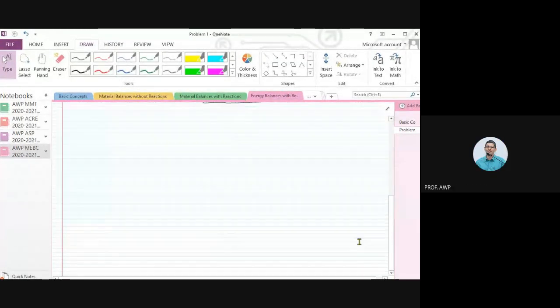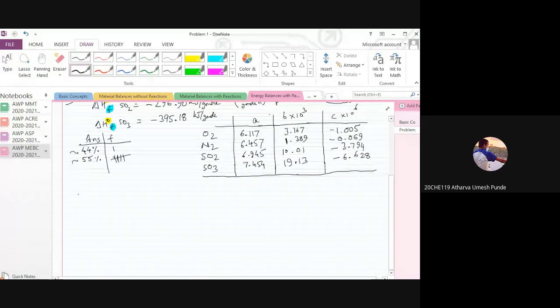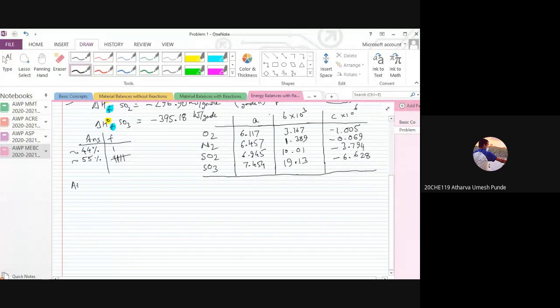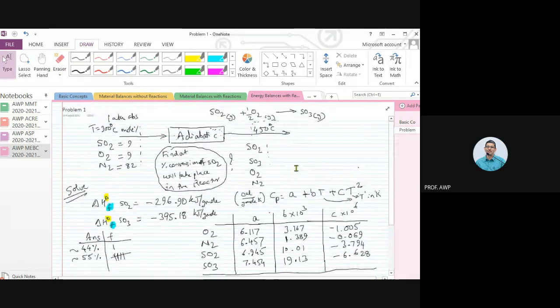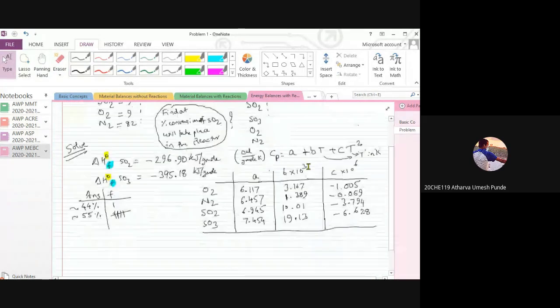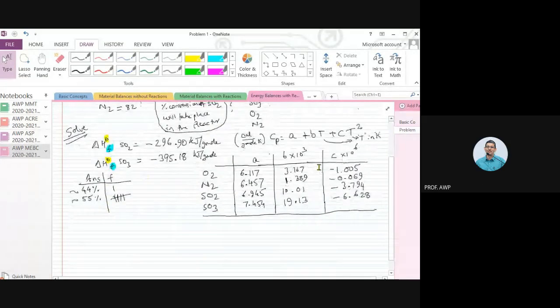Go ahead, Atharva. First we want to find the enthalpy of SO3 formation, sir. The enthalpy of reaction, at 25 degrees centigrade, for the reaction.